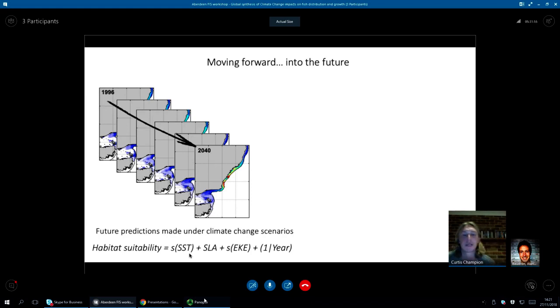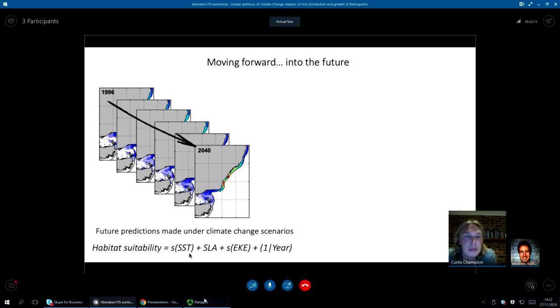As I mentioned, it is a basic point to make, but it's not necessarily that advantageous to develop the most complex habitat suitability model if your objective is to do future forecasting for, say, the purposes of climate adaptation.